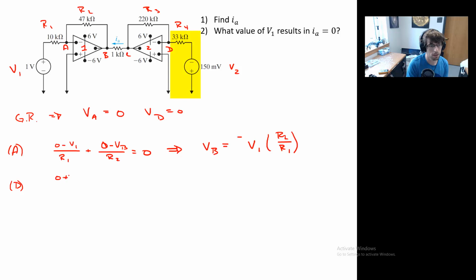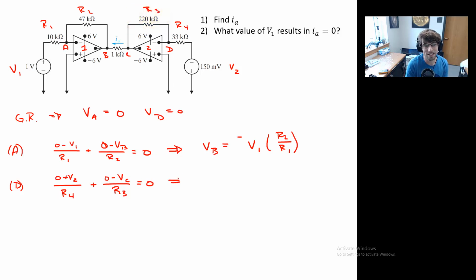0 plus, notice that it's negative positive, right? So it's not a drop, it's a jump. And we have V2 over R4 plus 0 minus VC over R3. That whole rigmarole equals 0.